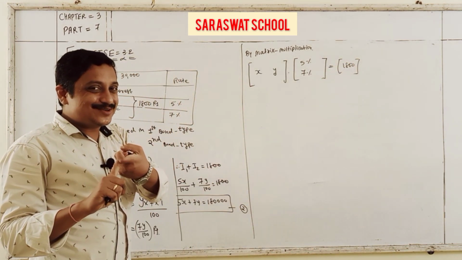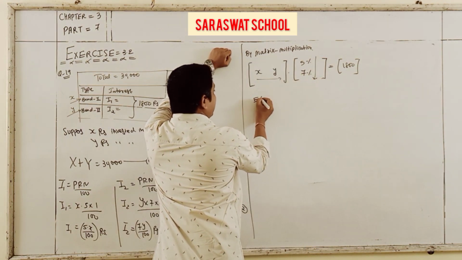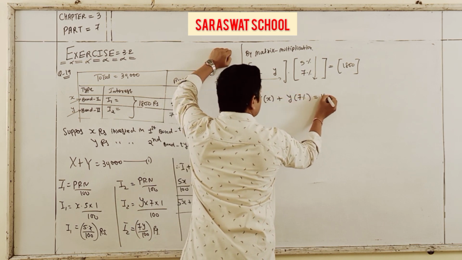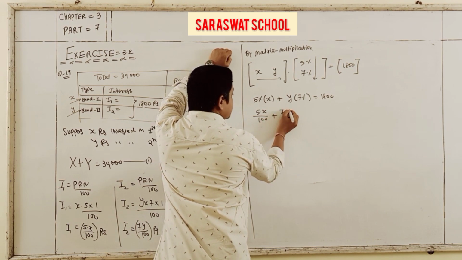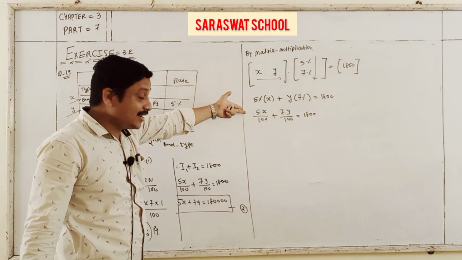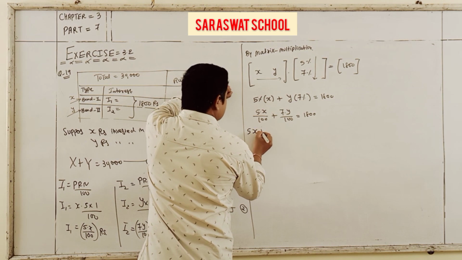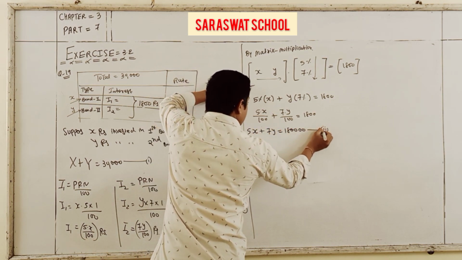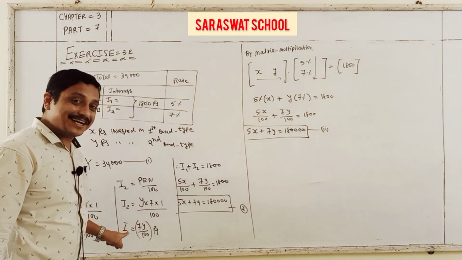So row into column entry: X with 5%, Y with 7%, equals 1800, so 5x by 100 plus 7y by 100 equals 1800. The equations are the same. Look at that, 5x plus 7y is equal to 180000. That's equation 2. In the exam you write this one, but this is only for understanding.